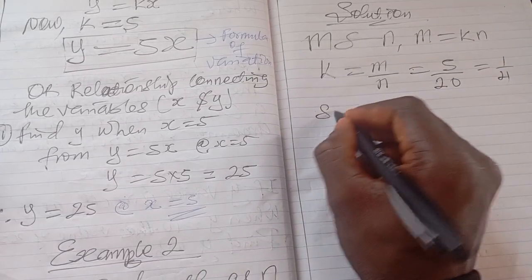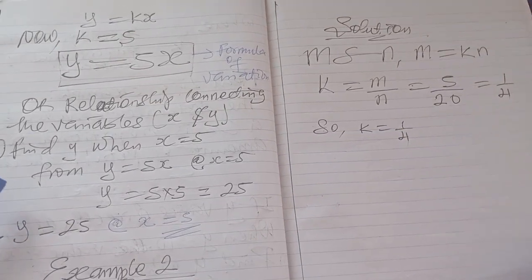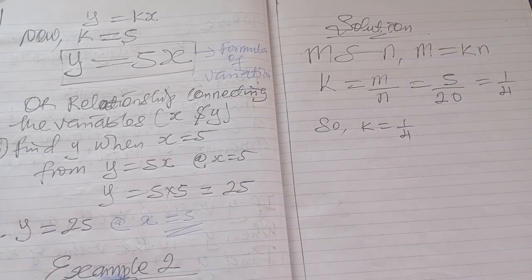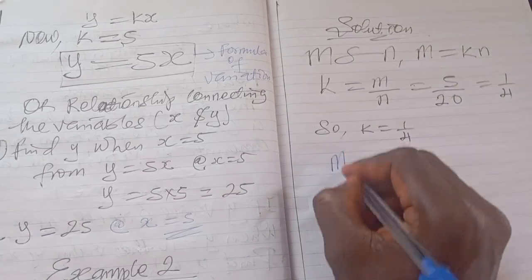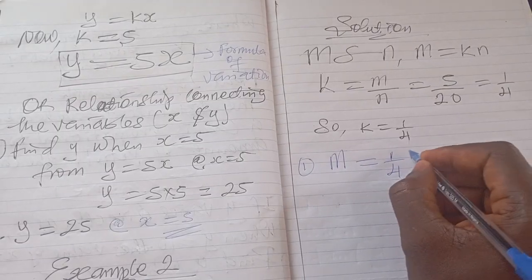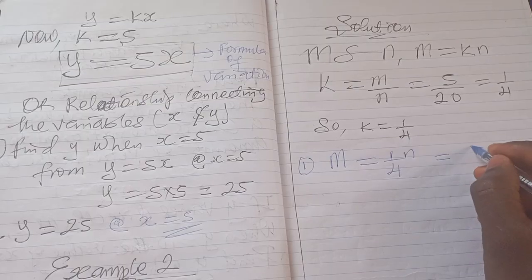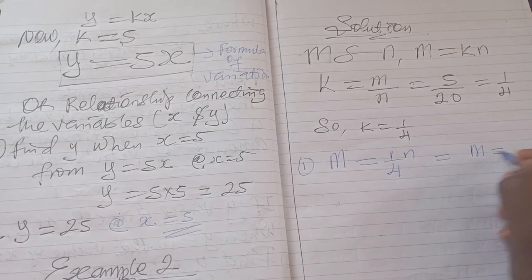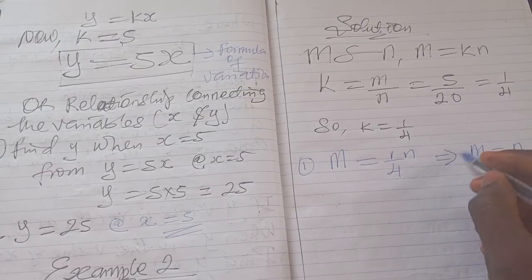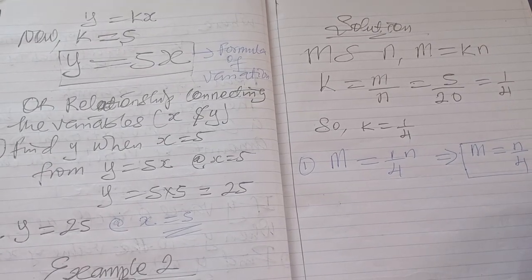So k is equal to 1 over 4. Now to form the relationship, substitute the value of k back. So m is equal to 1 over 4 multiplied by n, which is the same as m equals n over 4. So this is our relationship.